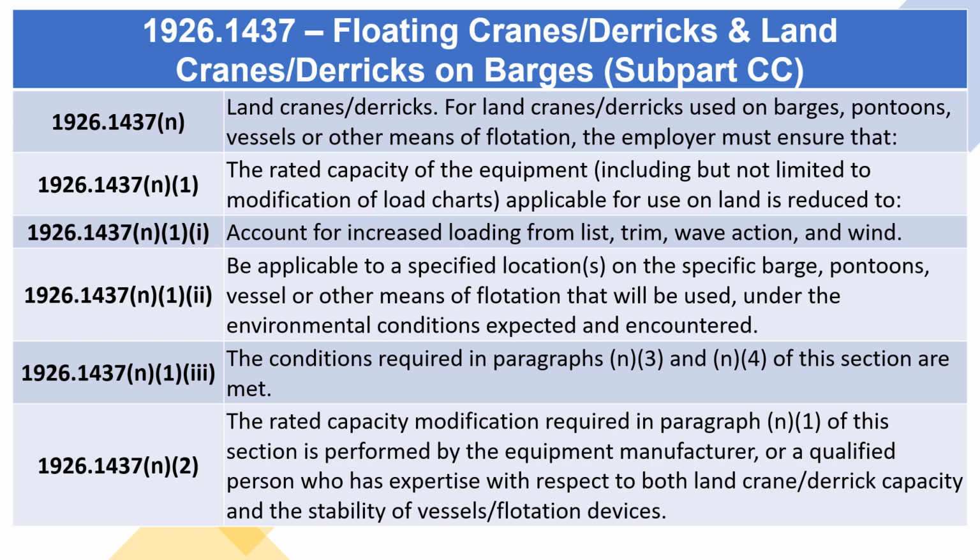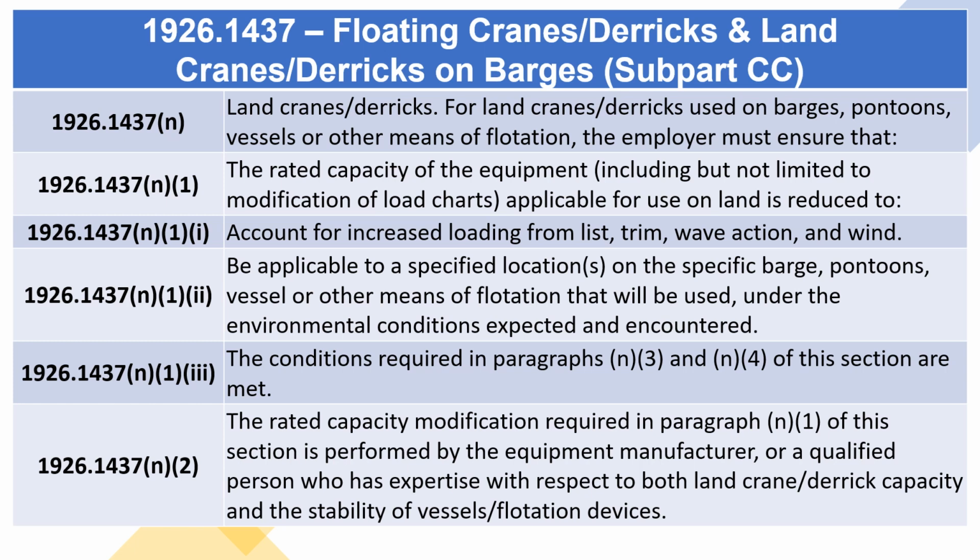1926.1437(N). Land cranes/derricks. For land cranes/derricks used on barges, pontoons, vessels, or other means of flotation, the employer must ensure that: 1926.1437(N)(1). The rated capacity of the equipment, including but not limited to modification of load charts, applicable for use on land is reduced to (N)(1)(i) through (N)(1)(iii), account for increased loading from list, trim, wave action, and wind.